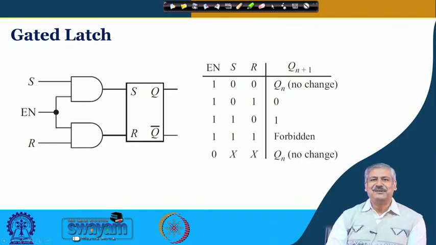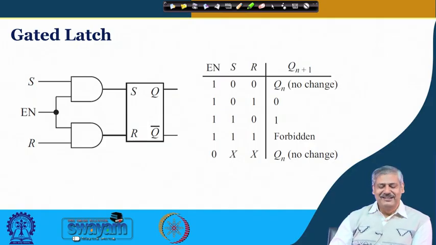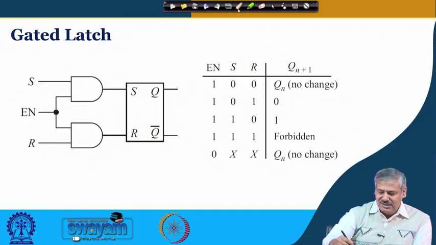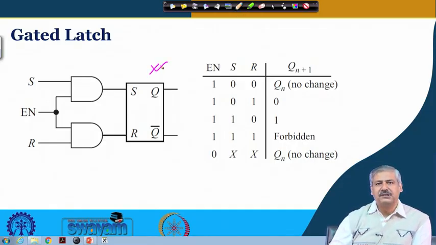Now, we move a little bit further. We look at a further use of the basic latch by introducing an enable input. This is the basic SR latch, which could be made up of NOR or NAND as the case might be.